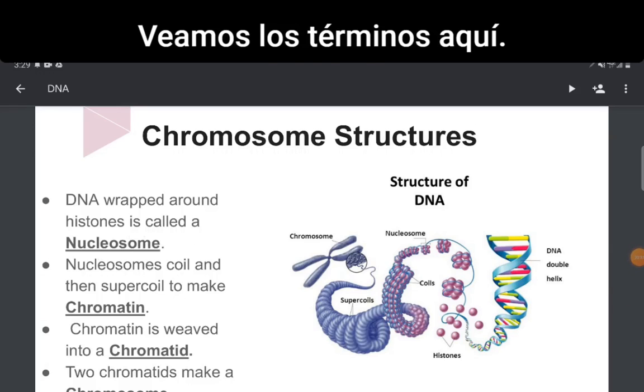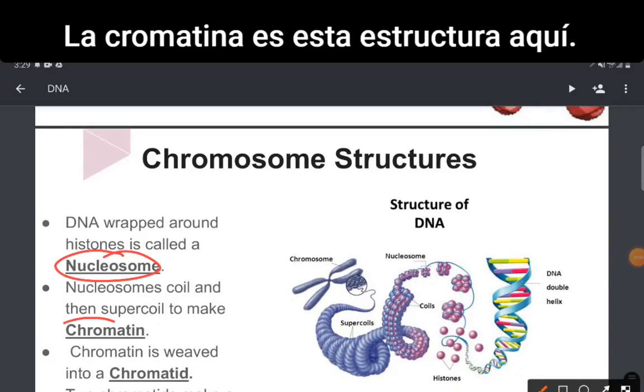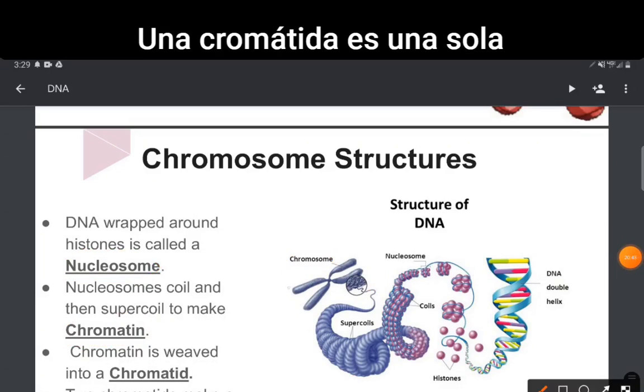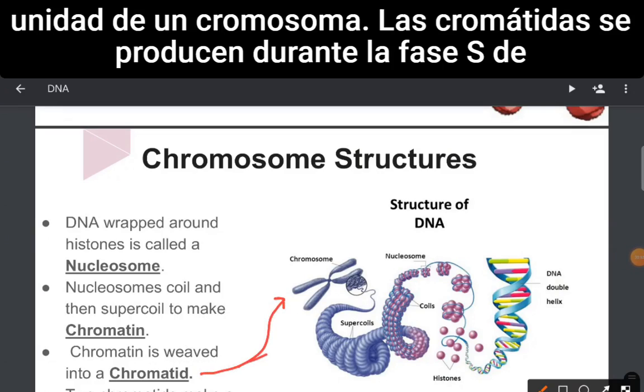Let's look at the terms over here. So we just talked about nucleosomes. Chromatin is this structure here that creates the chromosome. A chromatid is a single unit of a chromosome.